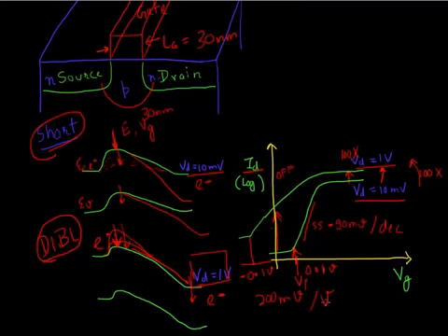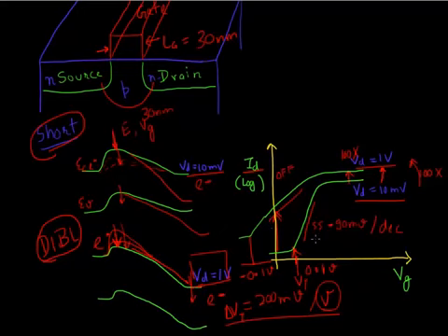So the application of 1 volt of drain voltage has reduced your barrier, which manifests itself as a shift in your VT. One measure of this DIBL is your shift in your VT as you apply a drain voltage. Another thing you notice here is that your subthreshold swing is degraded.